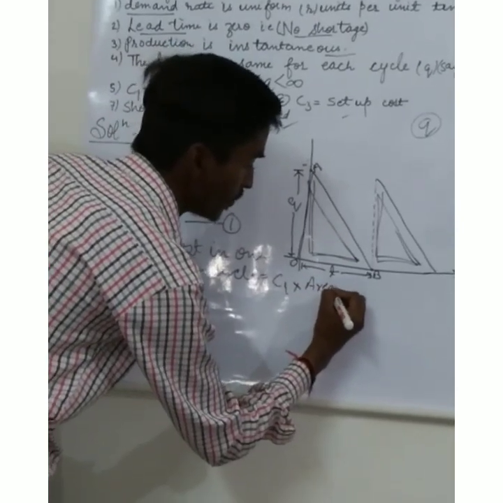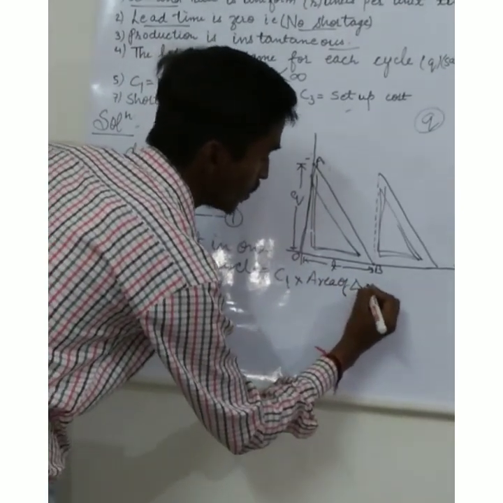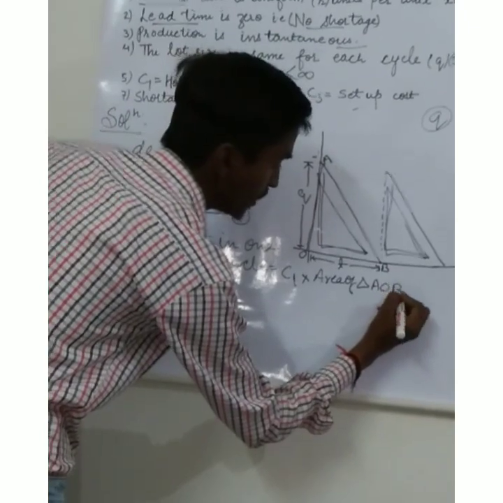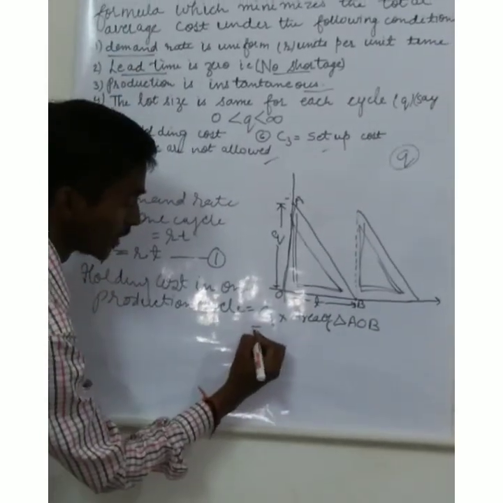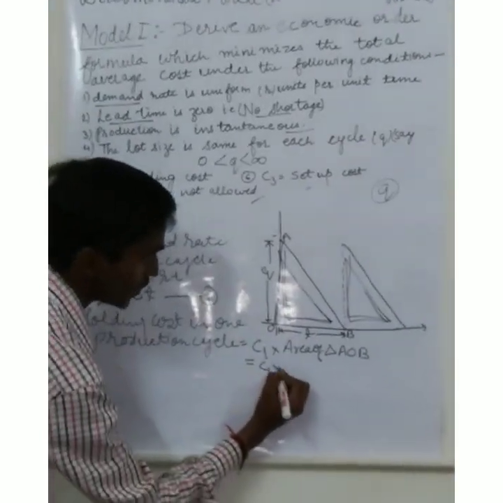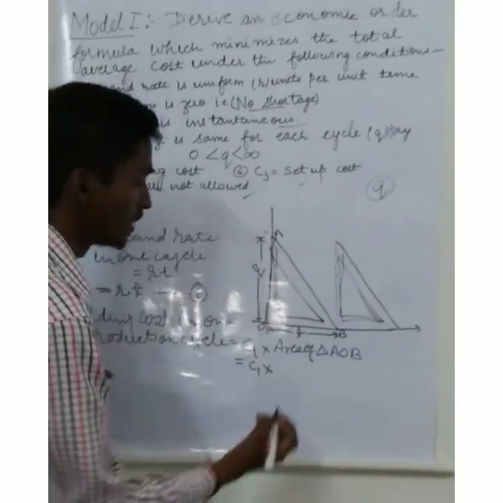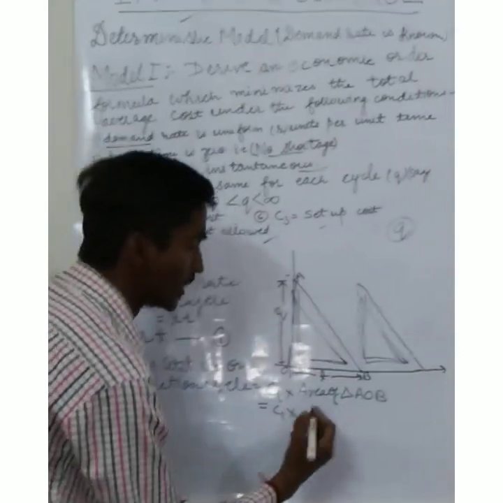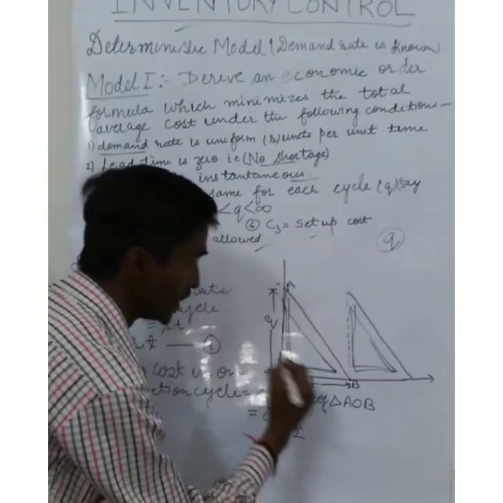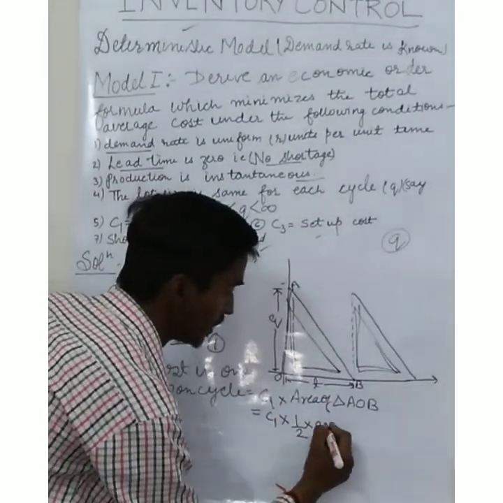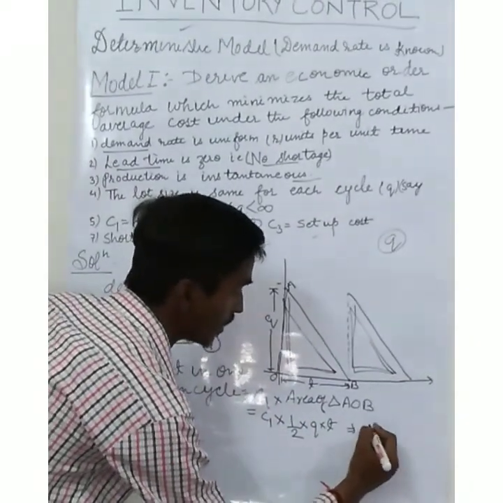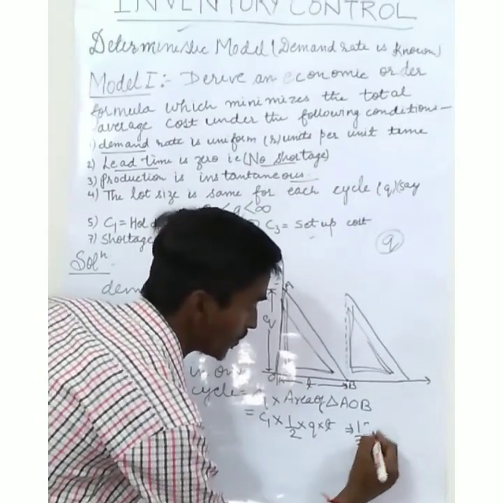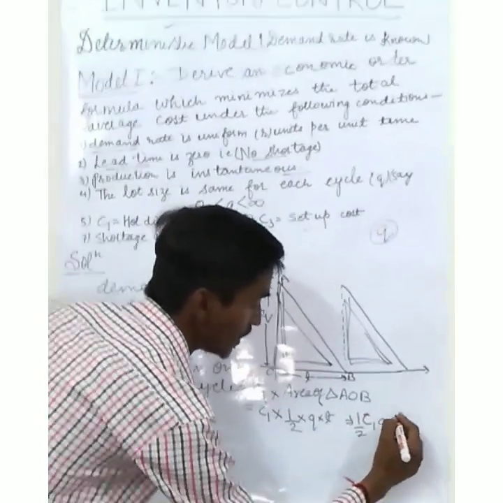The area of a triangle is half base into height, so it is 1 by 2 C1 QT.